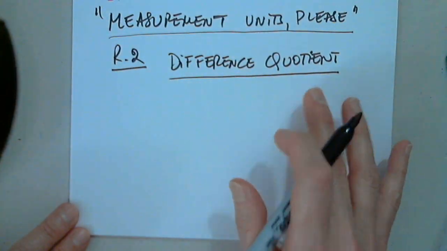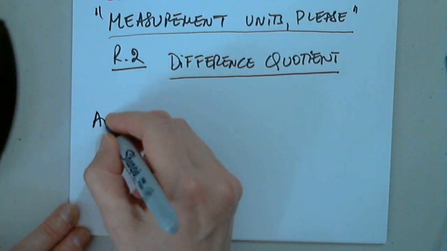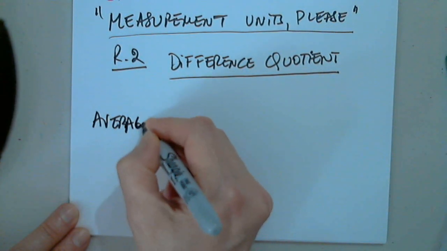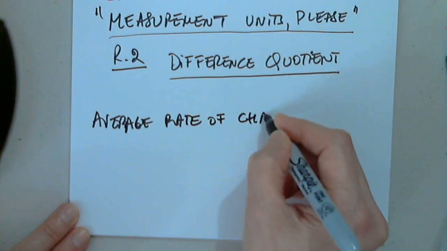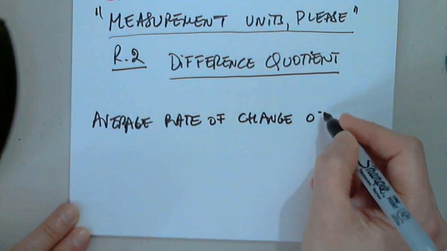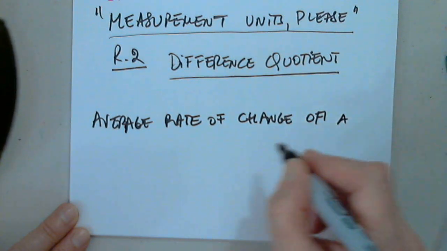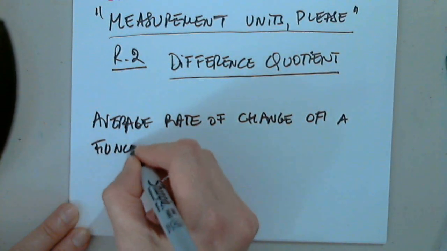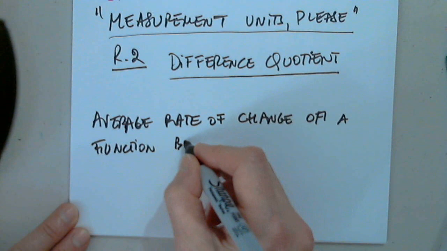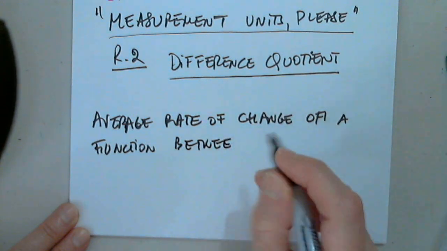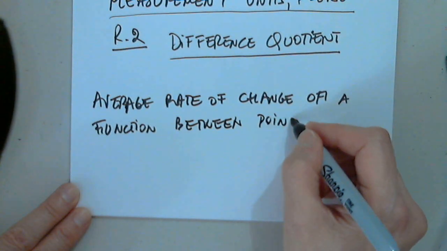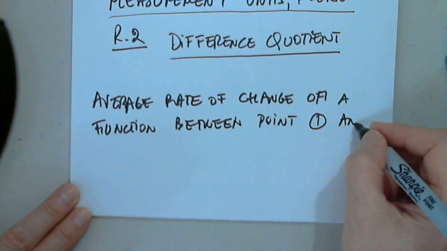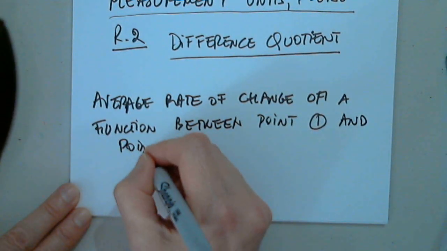Before we look at the difference quotient, let's discuss the average rate of change of a function between point 1 and point 2.